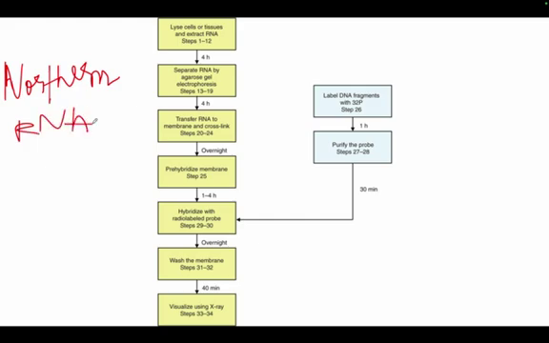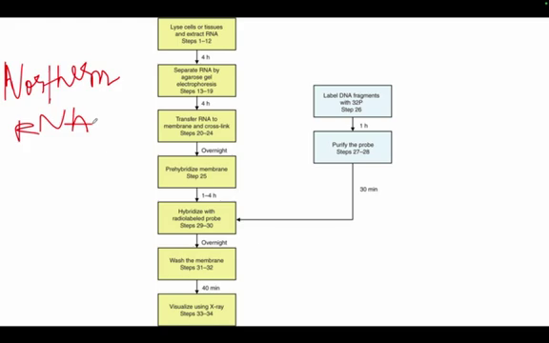So in the same way that in southern we use DNA probes to detect DNA, starting with the isolation of genomic DNA, if instead we start with the isolation of mRNA, you can detect specific mRNA molecules using again a DNA or an RNA probe, since it will still bind to a complementary oligonucleotide.